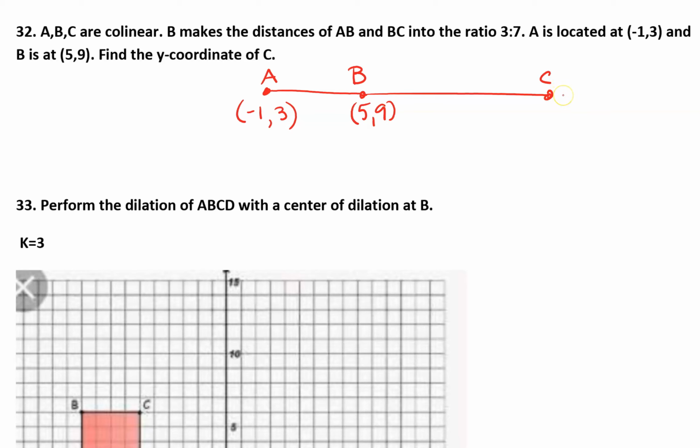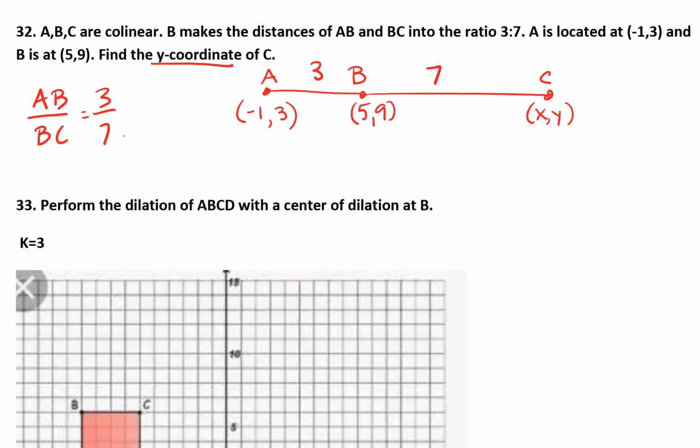C is at (x, y). So let's find the y coordinates. So we only have to worry about the y's. And this is a ratio of 3 to 7. So I want this proportion to be set up. The distance of AB compared to the distance of BC should be in a 3 to 7 ratio.